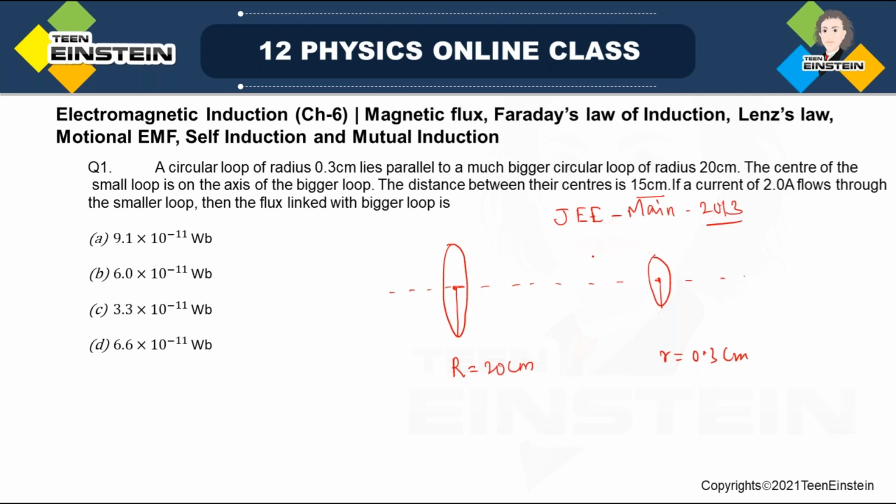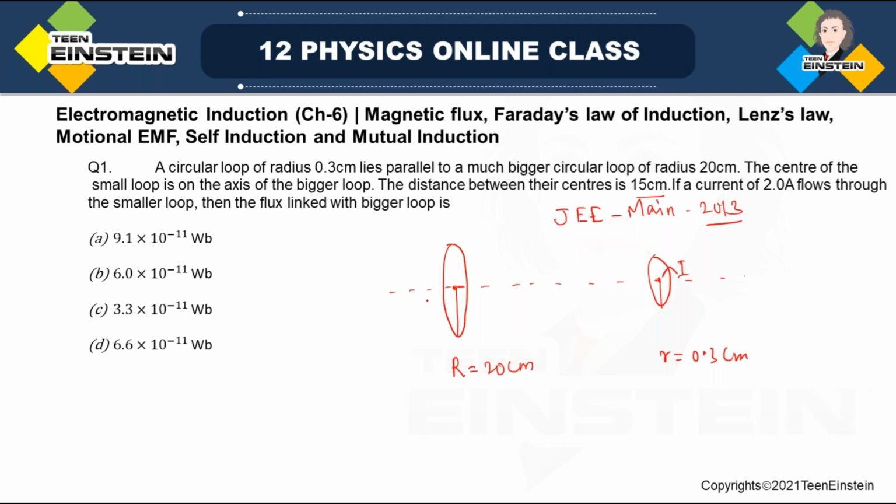Now the question is that if 2 ampere current flows, let us say this is flowing in the anti-clockwise direction, through this smaller loop, then what will be the flux linked?